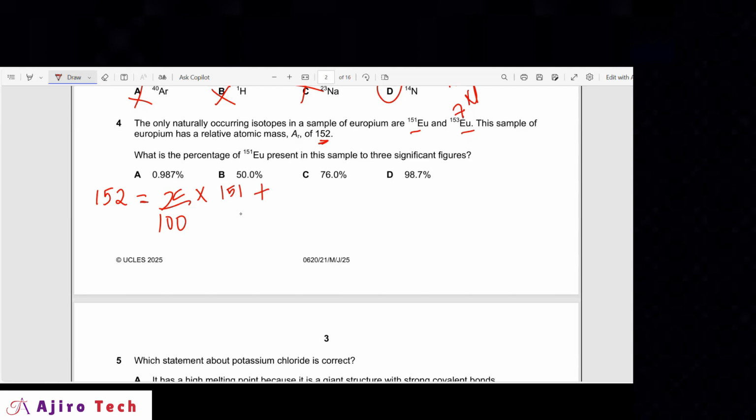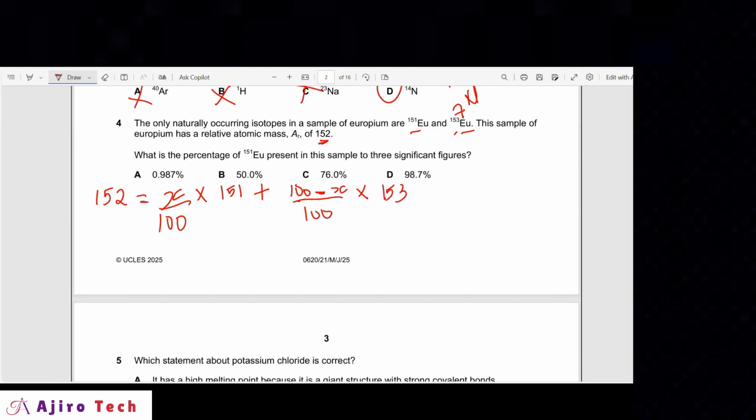plus. Okay, then we do the second isotope. The second isotope is europium-153, but remember that the sum of the percentages should be 100. So if this is X, the second isotope should be 100 minus X, since the sum of both isotope percentages should give you 100. So 100 minus X is the value of the second one, divided by 100 since it's a percentage, multiplied by 153.